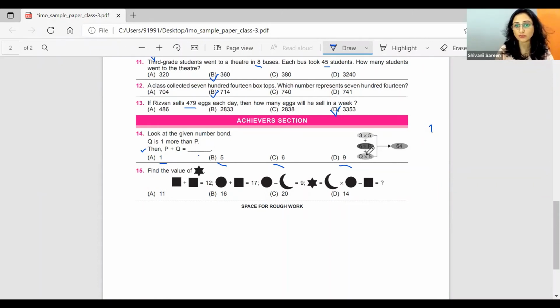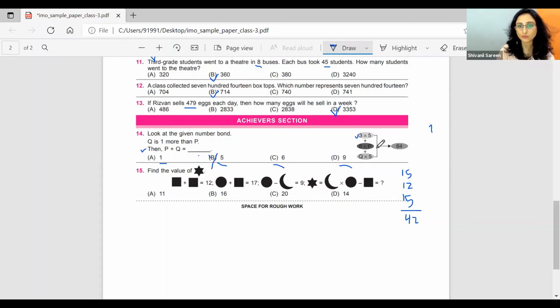So 6 twos are 12, 3 fives are 15. 15 plus 15 is 30, 30 plus 10 is 40, and 2 is 42. So this option is ruled out. Now look at option D, 9, with 4 and 5.